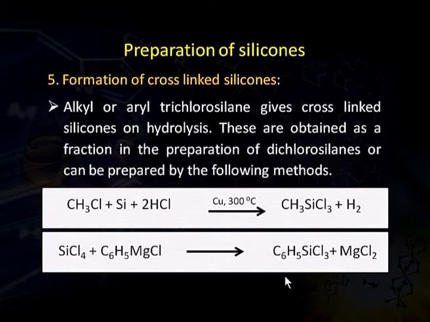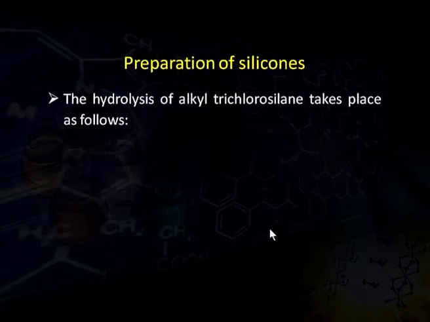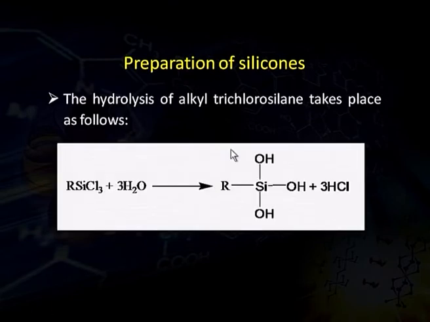This is followed by polymerization to give the linear compound. Again here 2 monomer units join together and a water molecule is eliminated, and these two get joined by the oxygen. Similarly, the second unit joins to the third unit, again a water molecule is eliminated and these two get joined by the oxygen, and this type of linear polymer is obtained.